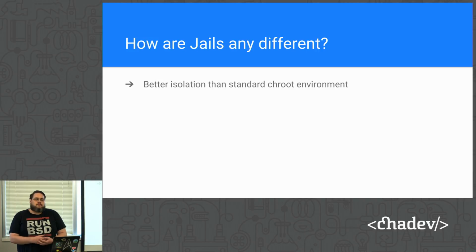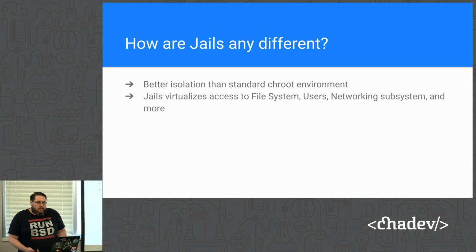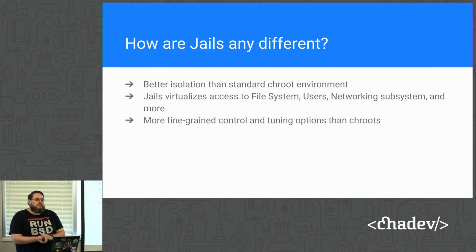So yes, as I said, better isolation than your standard chroot environments, and they've virtualized file system users and things like that. It also gives finer grained control over processes within the chroot.